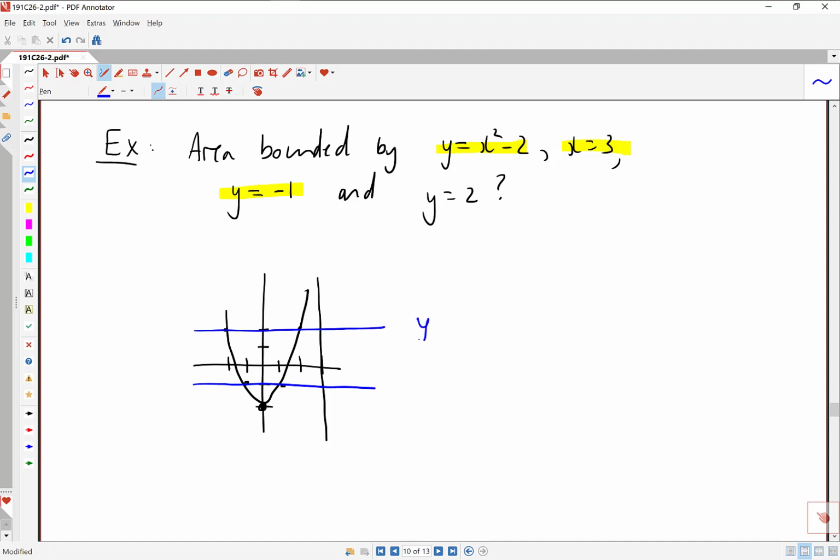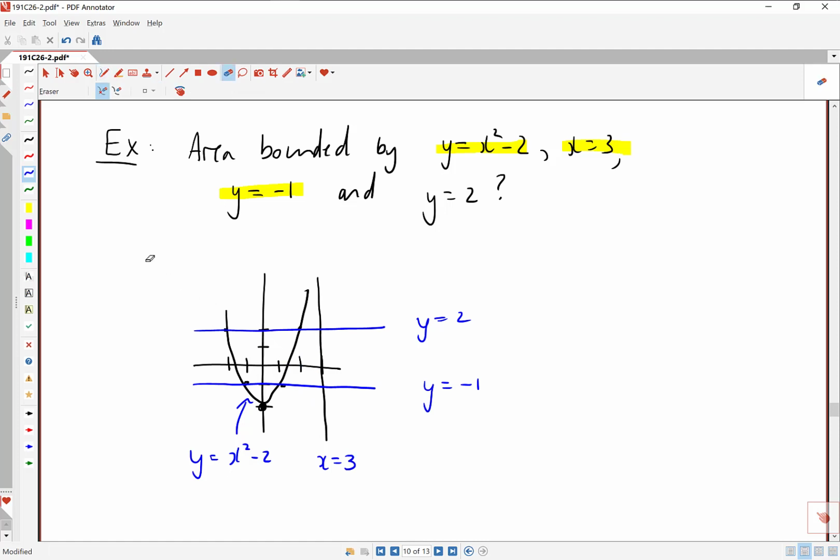I'll just label these things: y equals 2, y equals -1. And then we've got our parabola, which I might label down here, y equals x squared minus 2. And then we've got our vertical line, x equals 3. Okay, so the area that we're looking for is this area in here. That's the area bounded by those 4 curves.